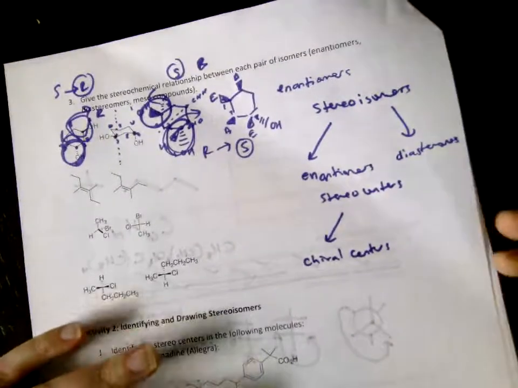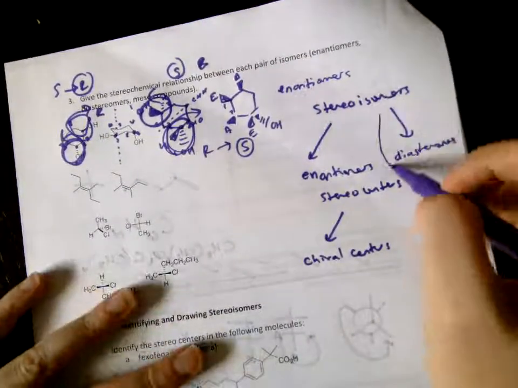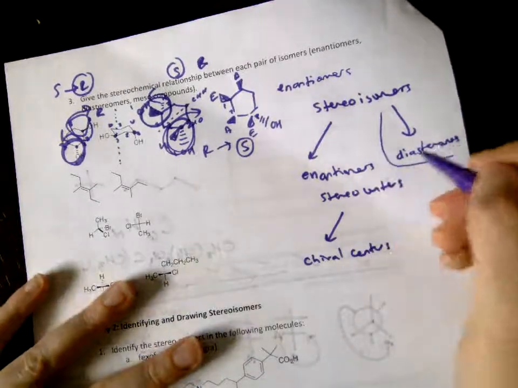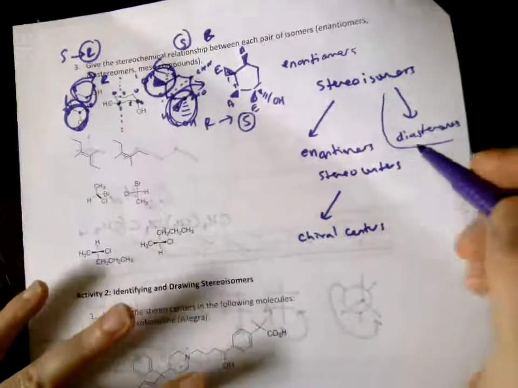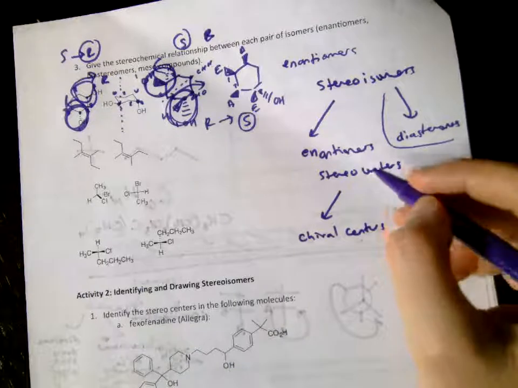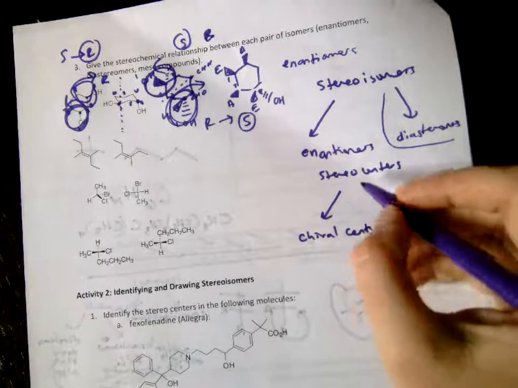Stereo or stereogenic. And diastereomers don't really come into it because it's either going to be a chiral center or it'll be kind of like a cis-trans, and that's all you need to worry about for this class. And you don't really need to worry about this for this class. It's come up a few times, so I just want to address it.